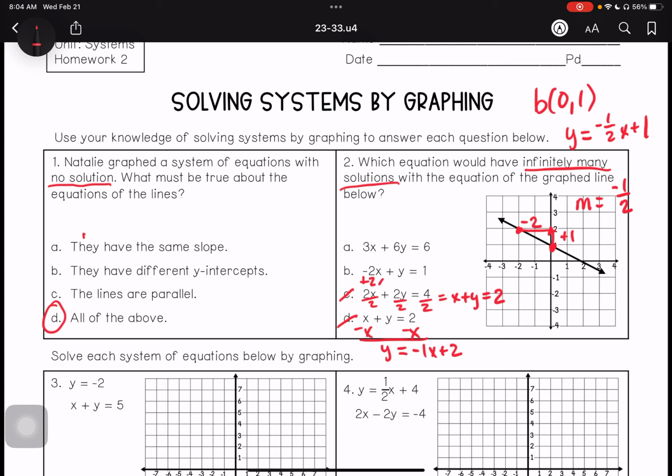Here, if I add 2x to each side, I'm left with y equals 2x plus 1, so that can't be correct.